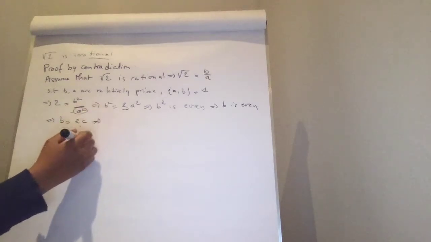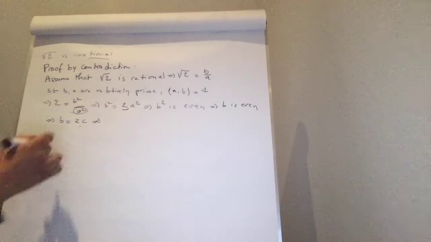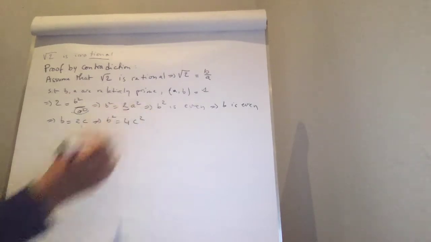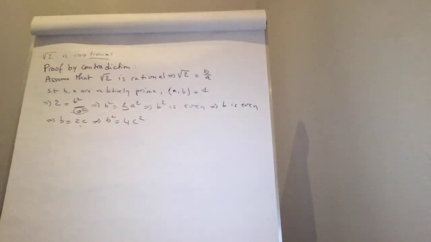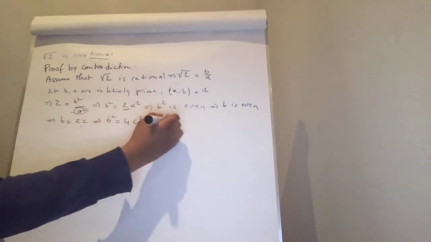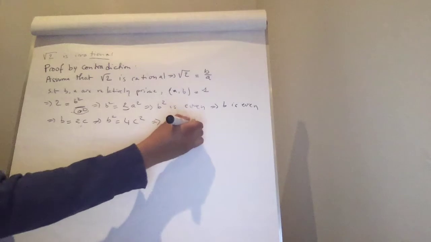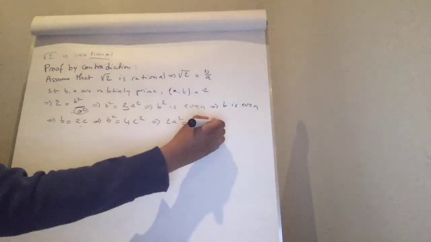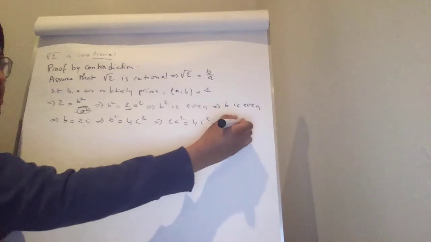This means that b squared is equal to 4 multiplied by c squared. And since b squared is 2a squared, that means that 2a squared is equal to 4c squared. And from this we can say that a squared is equal to 2c squared.